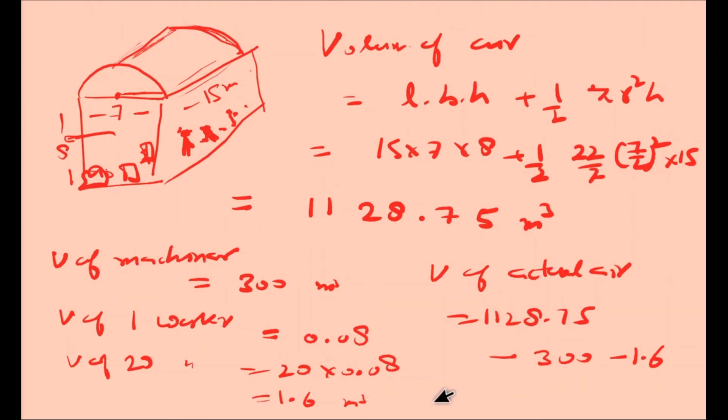So we get actual air in the shade is 827.15 meter cube. Student, you have to understand the question's language. If you don't understand the language, then you cannot do the questions. So we understand this question. Now we will get more examples.